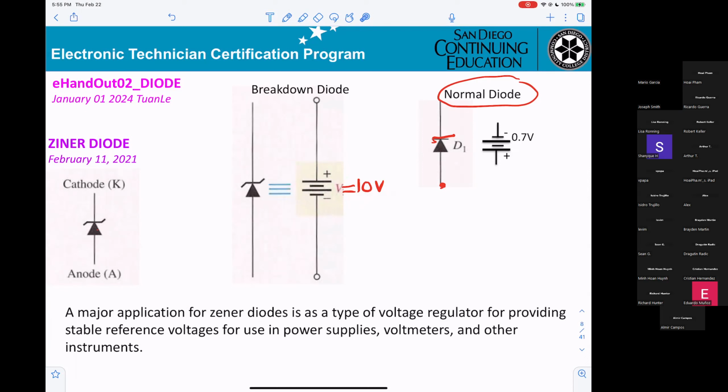However, when they give you the Zener, they tell you what the Zener voltage is. Like when you go to buy a Zener diode, they will ask you what voltage you want. You can say 10 or 5 or 15, any voltage. Okay, that's when it breaks down.